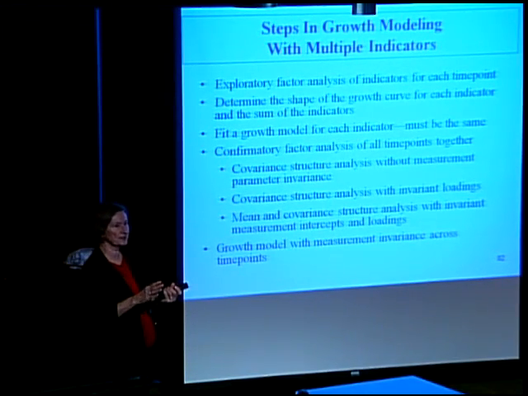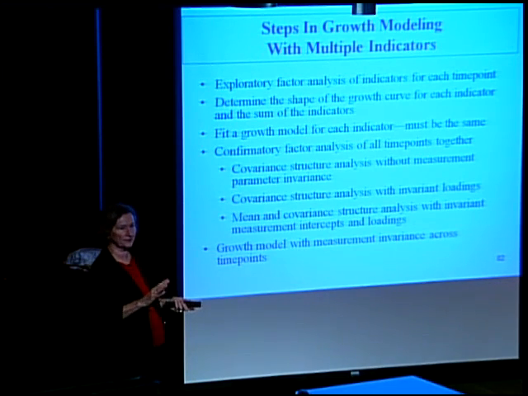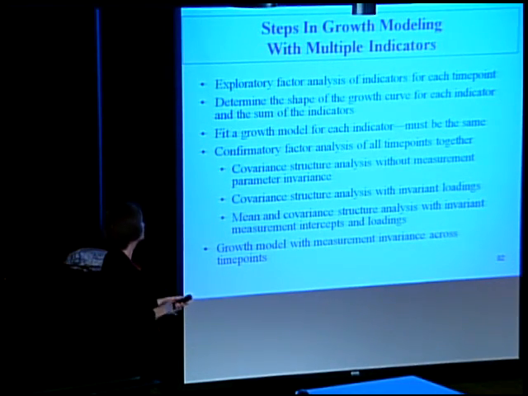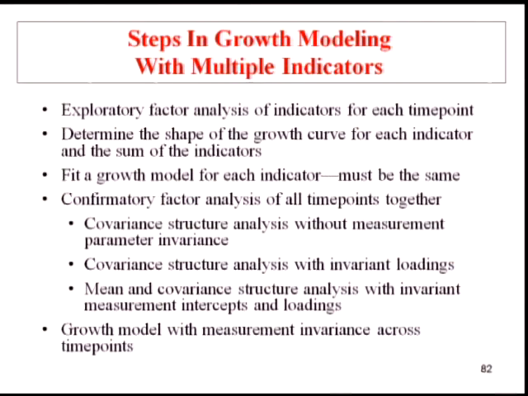It's the shape that's the concern, not the exact values. Do they all have a linear shape? Are they all quadratic? Or how do they look? And then you can also check that by summing the indicators. And then you can fit a growth model for each indicator, which I already said.